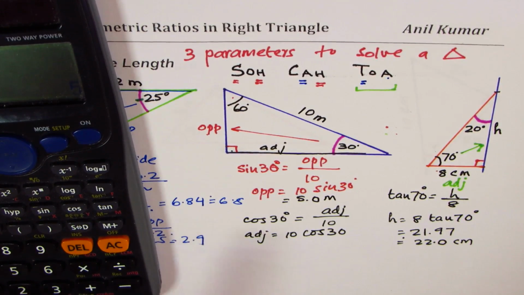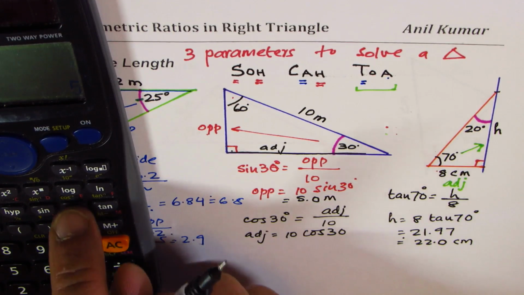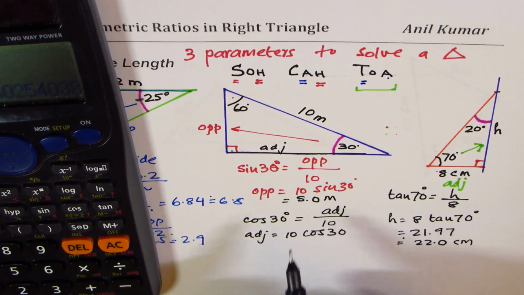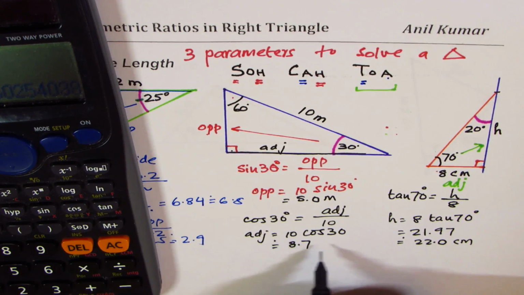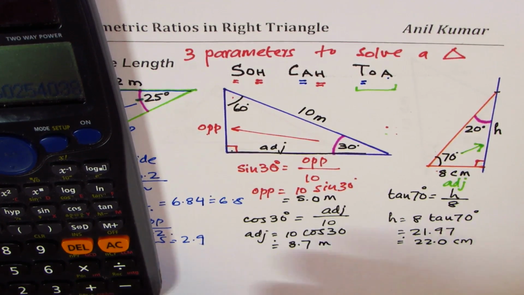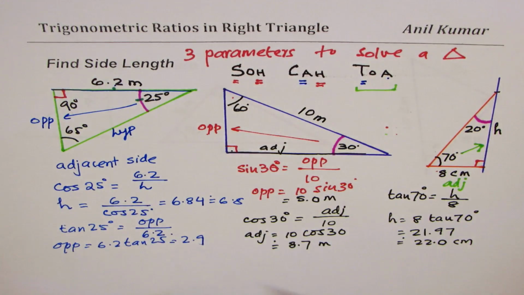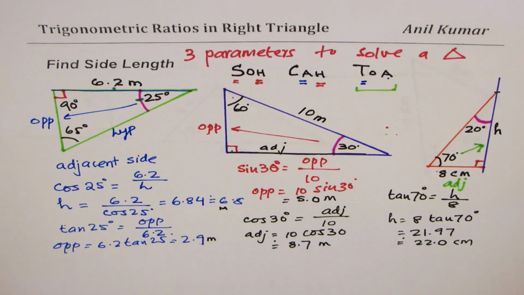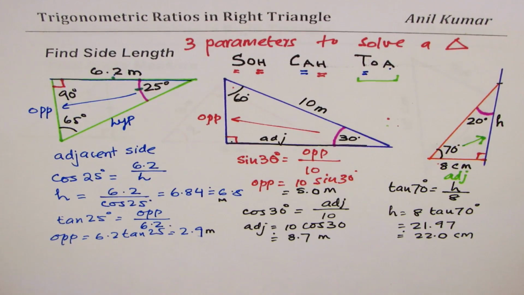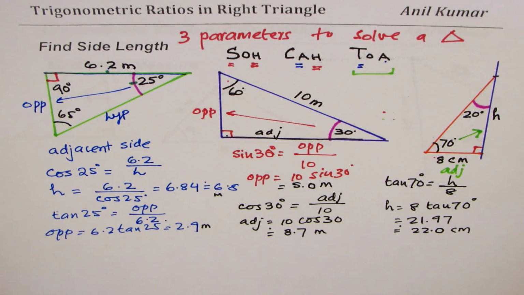The last one here is 10 times cos of 30 degrees, which is 8.66. So we'll say 8.7 to one decimal place, units in meters, correct? In the previous one, the units were meters. Let's use meters in the previous example. So I hope the steps are absolutely clear and you understand how to find the side length of a triangle using the trigonometric primary ratios, correct?